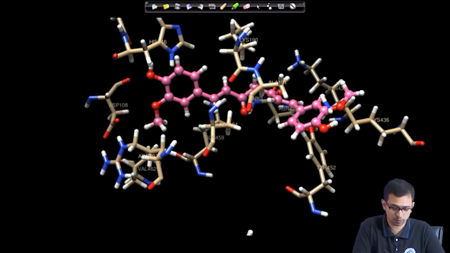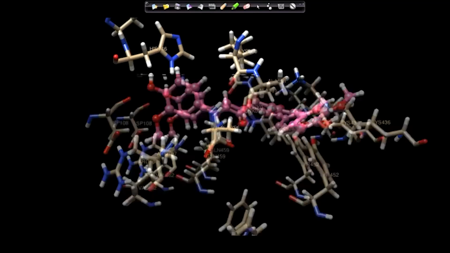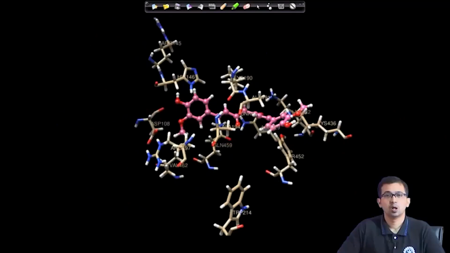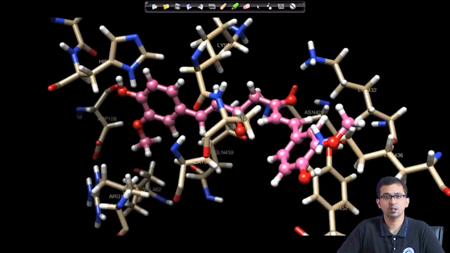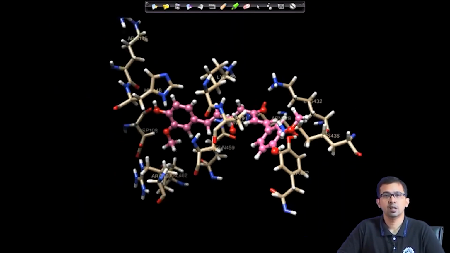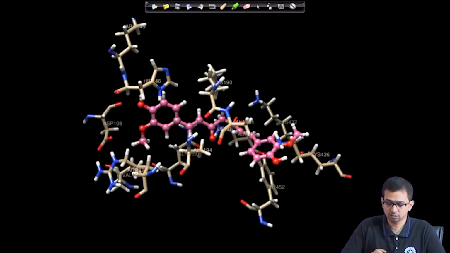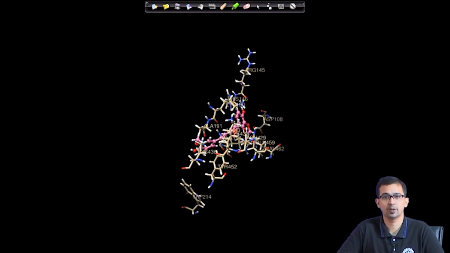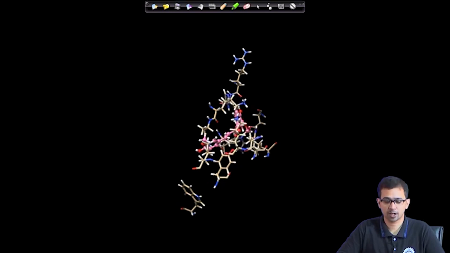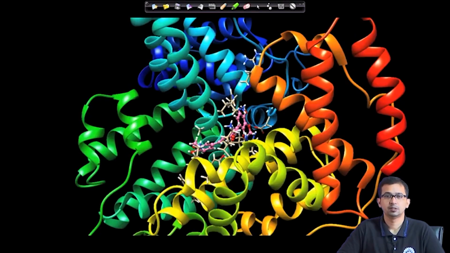This tyrosine residue suggests something about the aromatic part of curcumin, which has two aromatic rings. There might be some sort of hydrophobic interaction between this aromatic ring and this tyrosine residue, since it is located quite close to one of the aromatic rings of curcumin. So, these are the stabilizing interactions which stabilize curcumin in HSA.